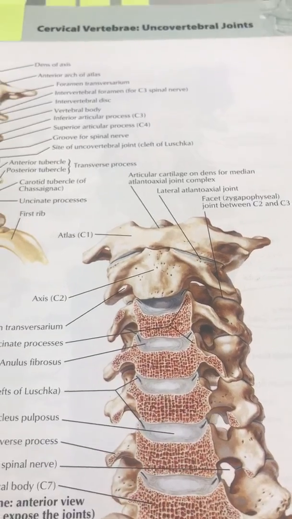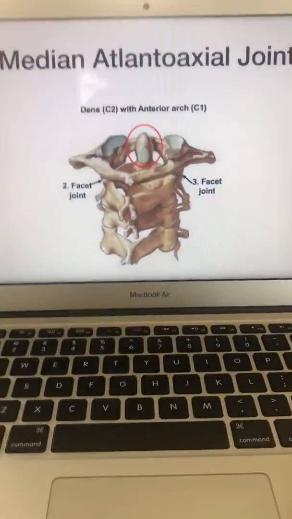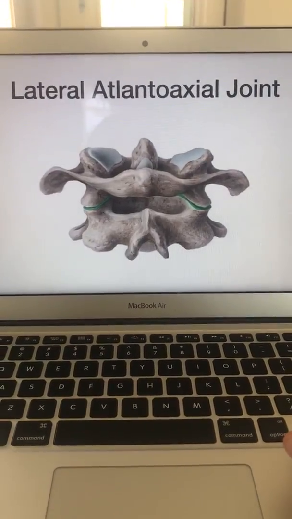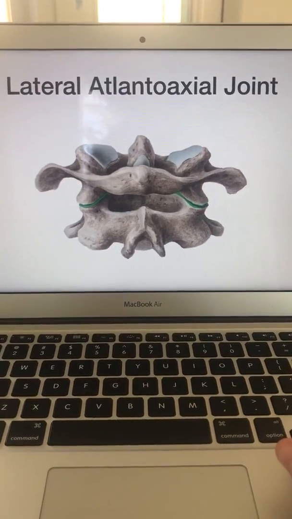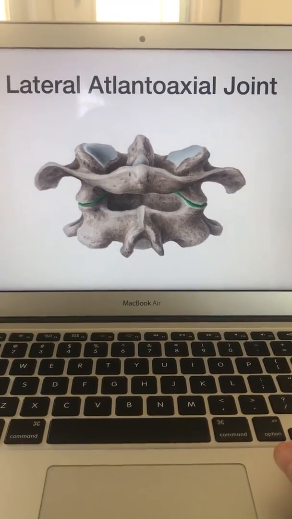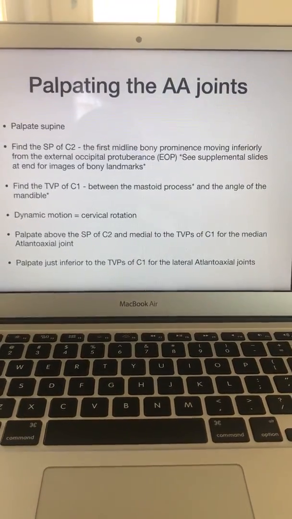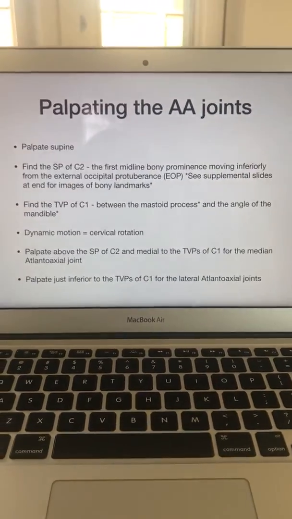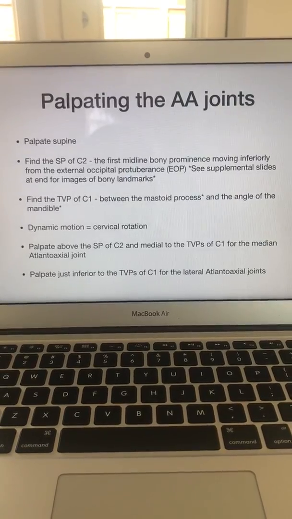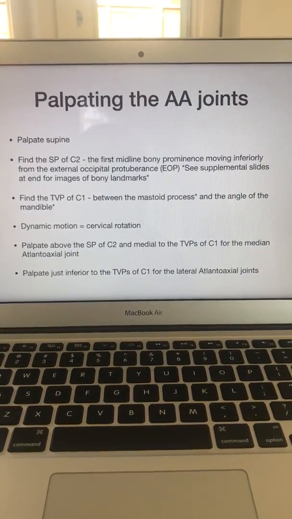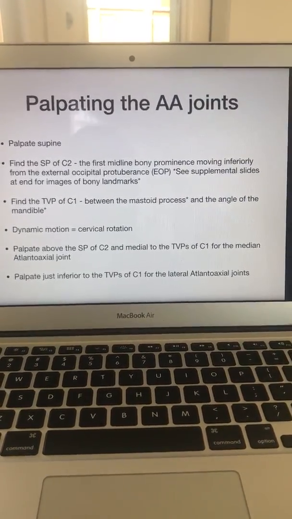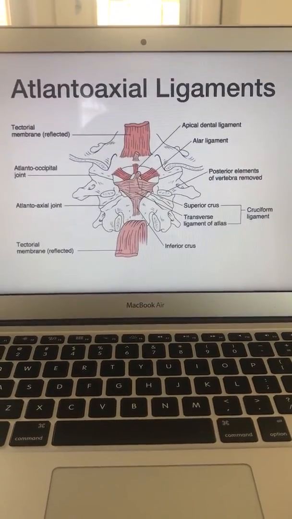So a few different views of those. There's that lateral atlantoaxial joint again, so a synovial planar or gliding joint. We did the palpation in those separate videos. I will upload another video of finding the TVPs of C1 from the supine position, and let me know if you want to see anything else again or from a different angle.